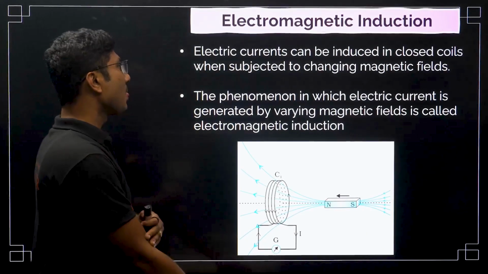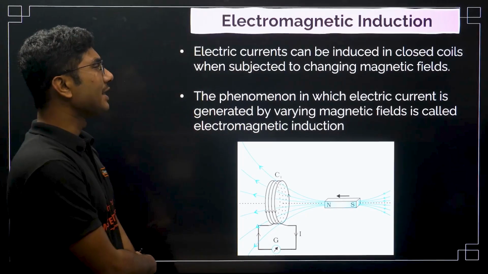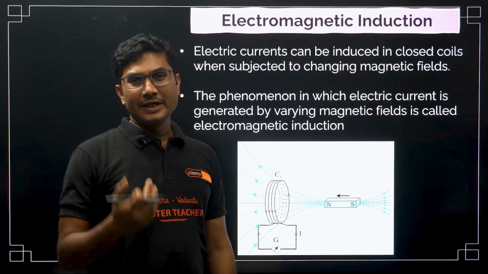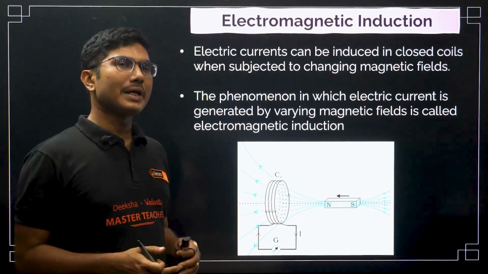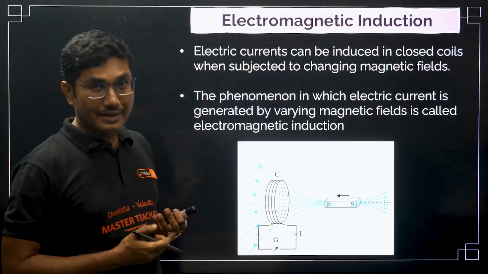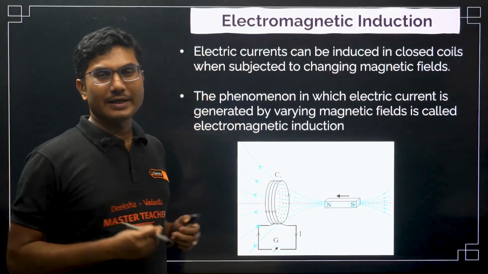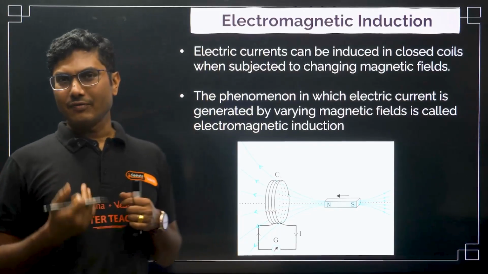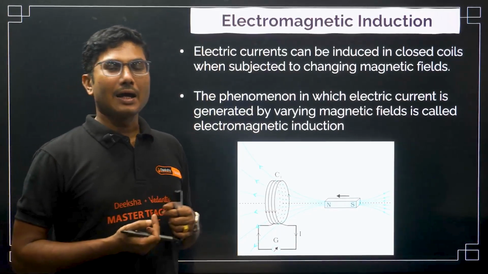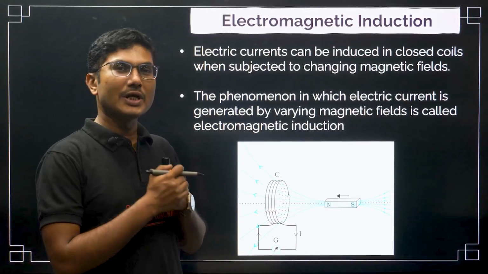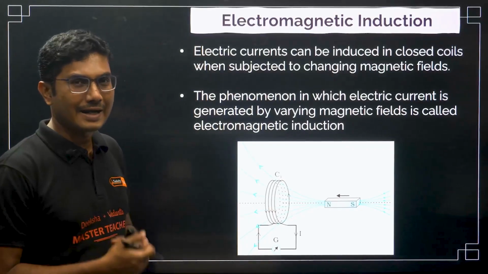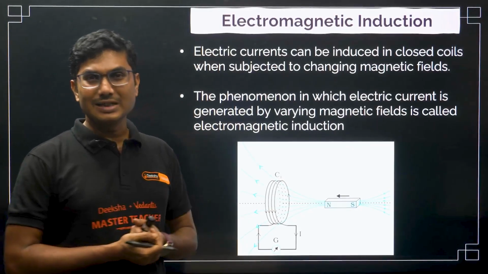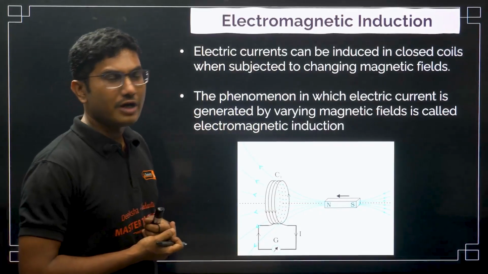Basic definition: electric current can be induced. Induced means without applying any battery. If you connect a circuit to a battery, then definitely a current will flow through it. But if you can do something so that even without a battery it has some current passing through it, then that is called induced.